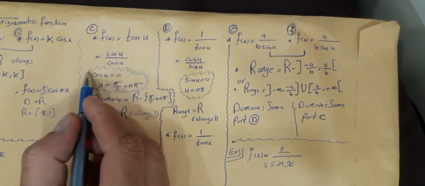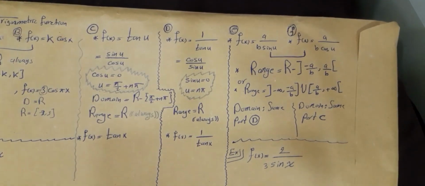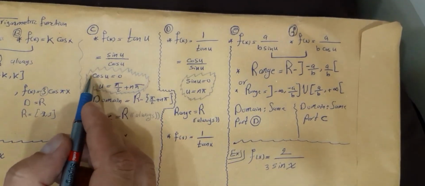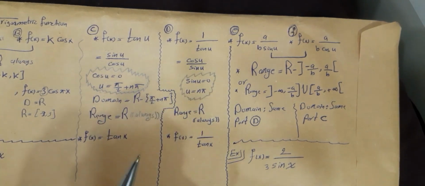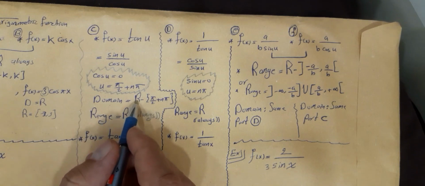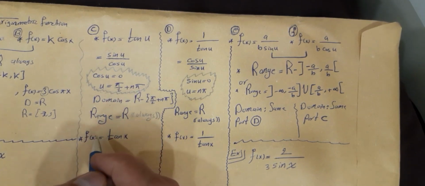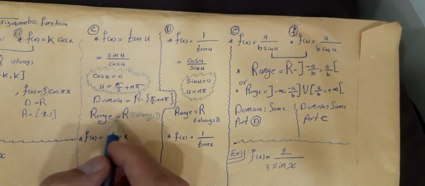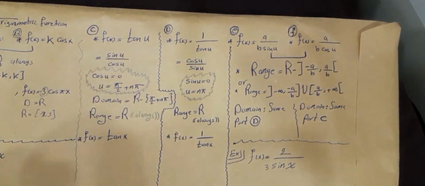This is a rule and must be memorized. It is very, very important for chapter 1, chapter 2, chapter 3, and chapter 4. So domain equals all real numbers except pi over 2 plus n pi. And range equals real numbers always for tan.